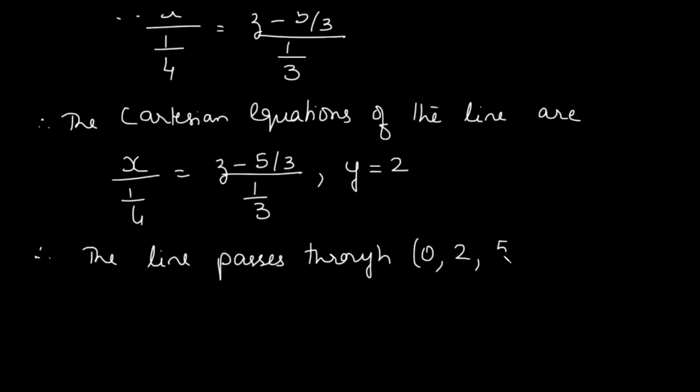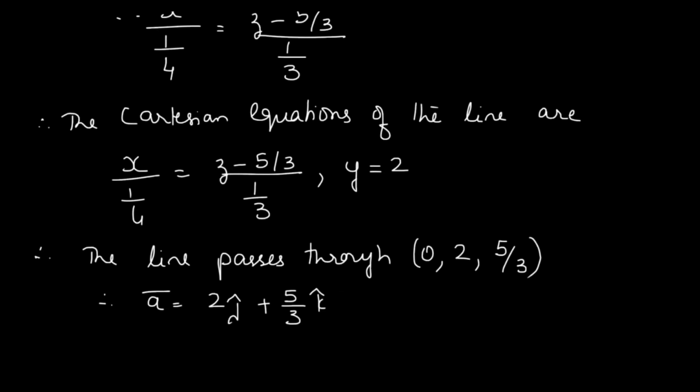So the coordinates of the point through which the line passes are 0, 2 and 5 upon 3. Therefore from this we get a bar, the position vector of a point on the line, as 2j plus 5 upon 3 k.